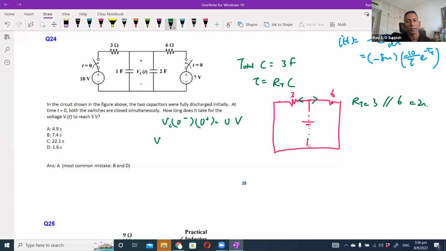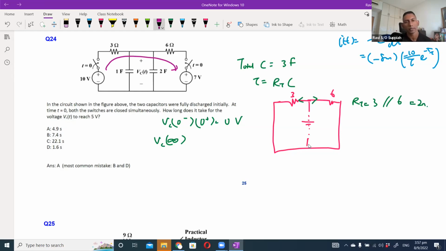Now the other thing is VC at infinity. At infinity, both these capacitors are fully charged, which means they behave as open circuit. So you can think of it as just current flowing between the two sources, in this direction because it's 10 volt and 7 volt.